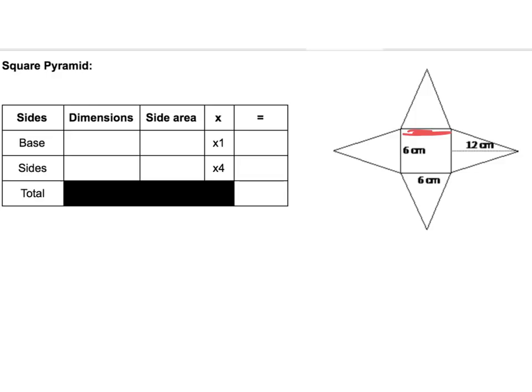This is 6 by 6. Then that means that the triangles will all be the same. So let's start with the base of our square pyramid, which is 6 by 6. That's going to give us a side area of 36 square centimeters.